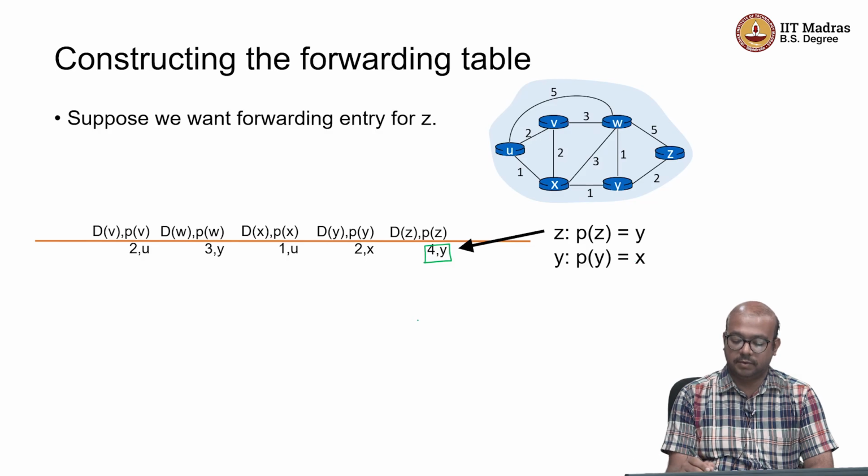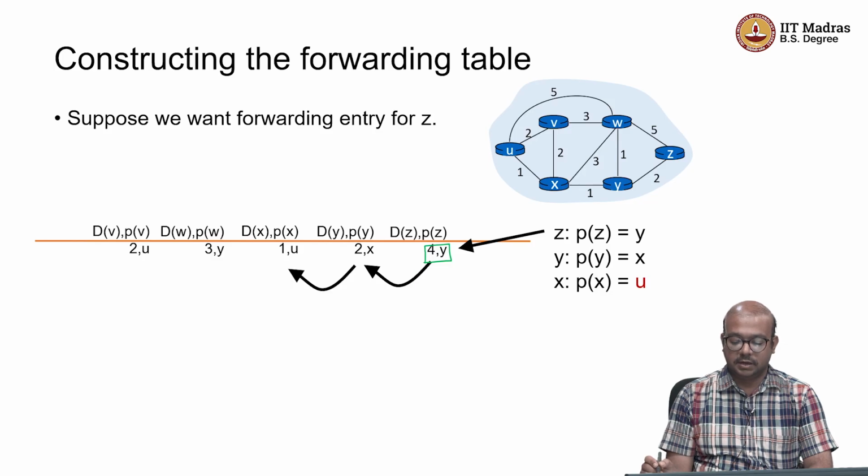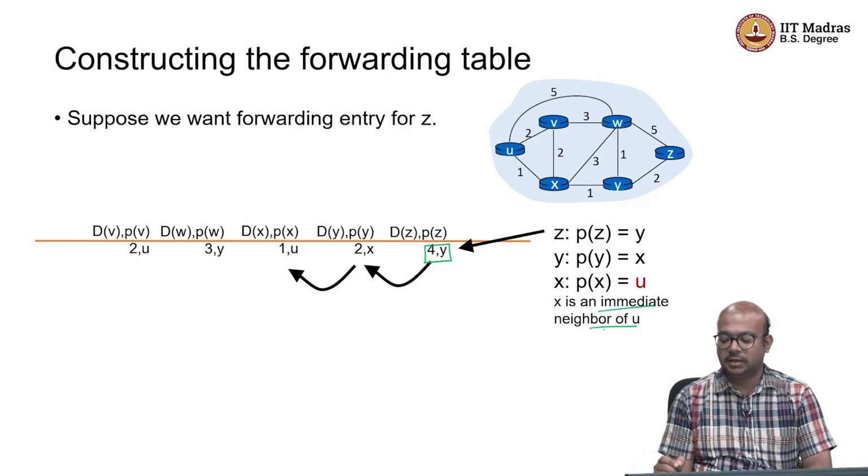So, the predecessor node of y is x, I have told you this already, and the predecessor node of x is u, and x is an immediate neighbor of u. So, it is a direct connection between x and u.